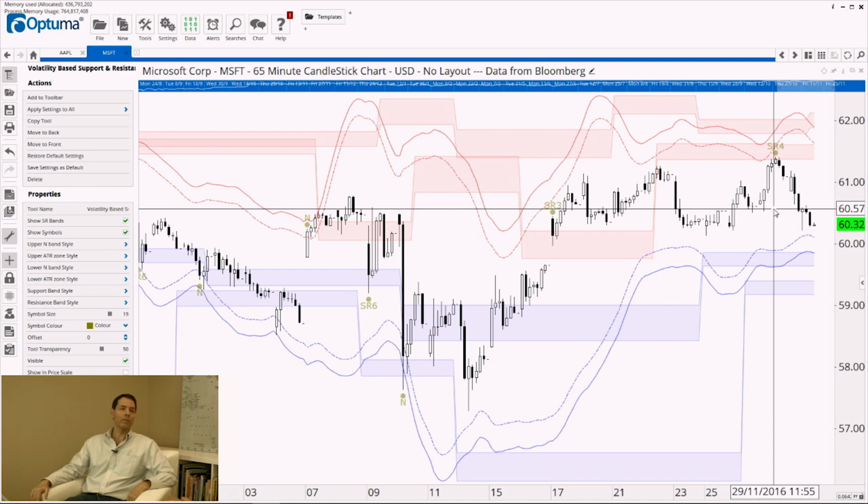So let me ask you a question about the bands then. We've got these bands and we're calling them support bands and resistance bands. Do you take the position that, especially in this context, resistance is a zone rather than a fixed price? Yes. And I think that's one of the really powerful things.